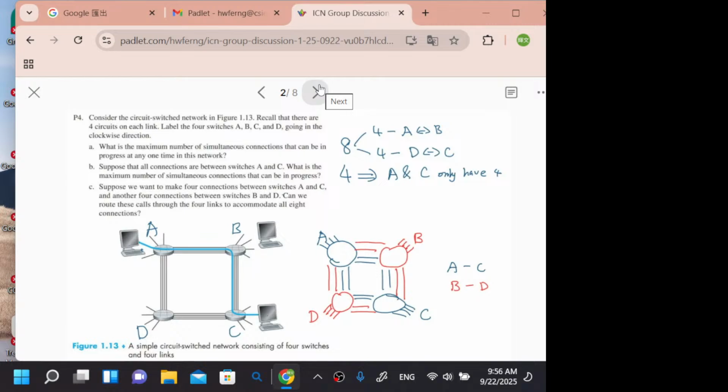And for the third question, the route is like the graph.